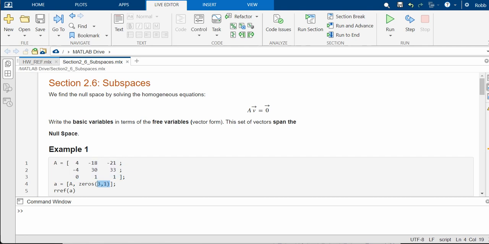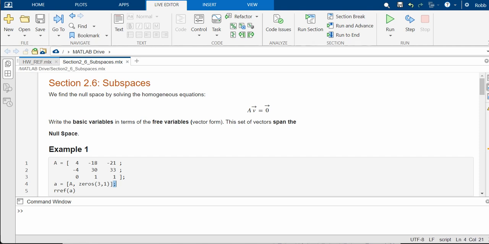I'm augmenting it in the second step here with the zeros vector, right? It's a matrix full of zeros, but I've specified 3, 1, so it's a column vector with 3 elements. And all in one go, I'm producing the row reduced version, the RREF form of A.